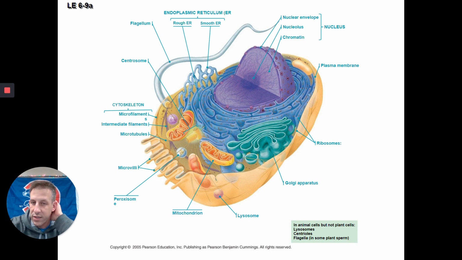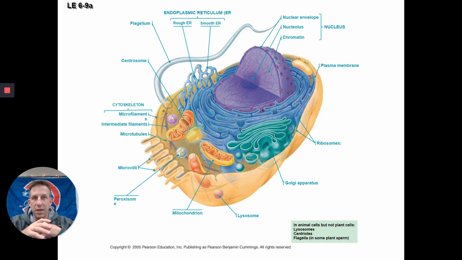One thing I really do like about this picture is the fact that it does show how crowded things actually are. One of the misconceptions that students always have, and this is not going to really ever be tested on, at least by me, and I don't think the College Board, is that the inside of the cell is extremely spaced out, and also that the cytoplasm is very liquidy.